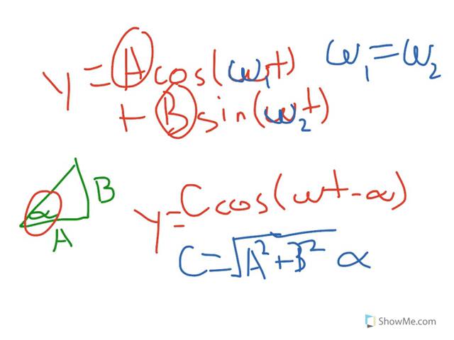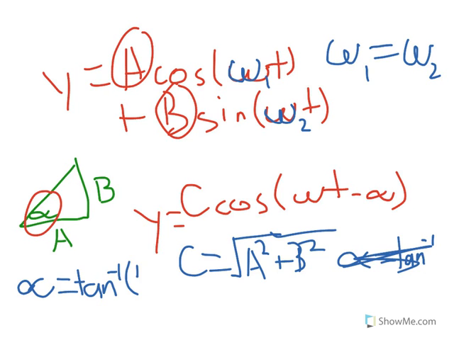And alpha equals the inverse tangent. So alpha equals the inverse tangent of b over a. Tangent is opposite over adjacent.